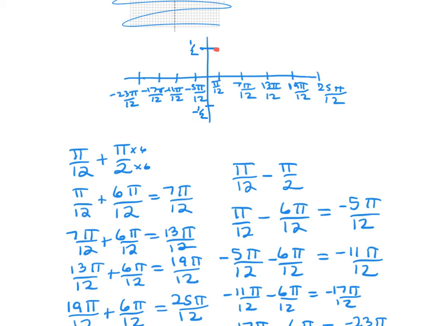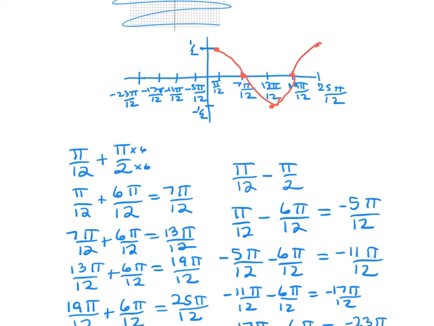And then from there at 7 pi over 12, I'm down here on 0. At 13 pi over 12, I'm here. 19 back up at the x-axis, and 25 up at the 1/2. So go ahead and connect these.